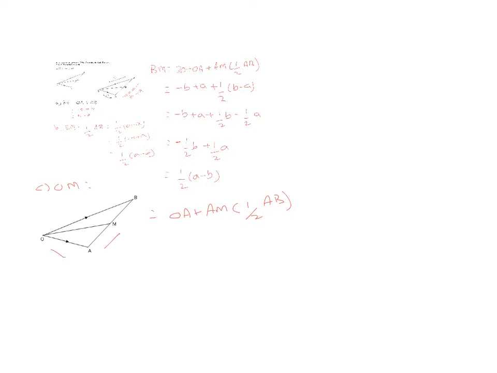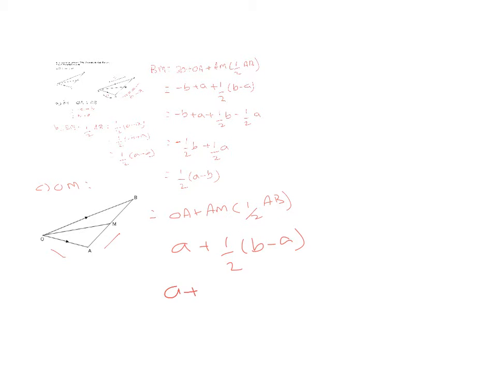OA equal to plus A. AM equal to half of AB. We saw here AB equal to B minus A. So half of B minus A. Again we are going to simplify. For that we need to separate this.